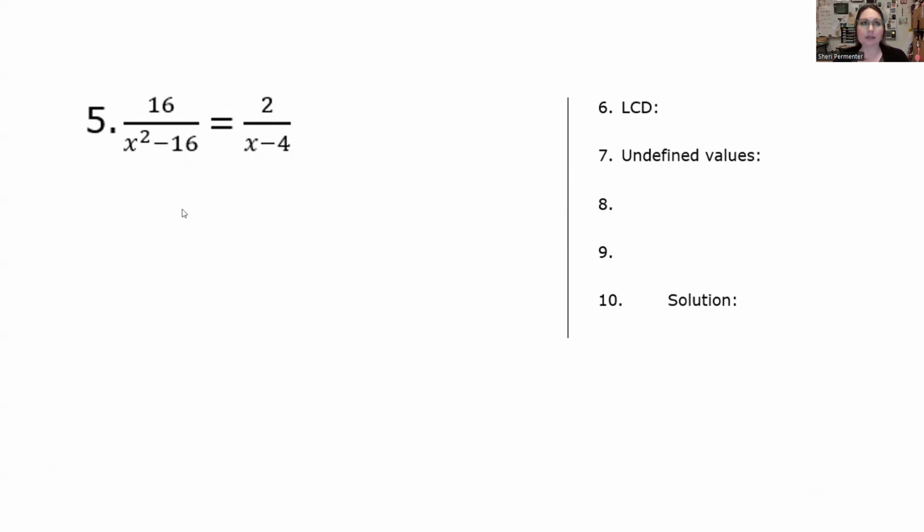This might be a hint. What does this factor into? It's a difference of perfect squares. X squared minus 16 factors into something.